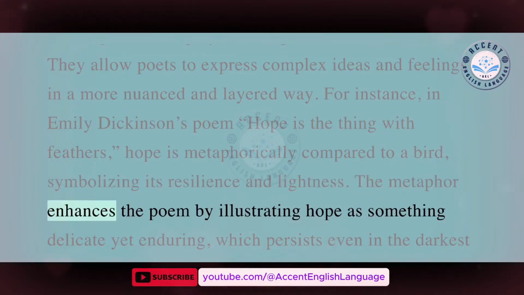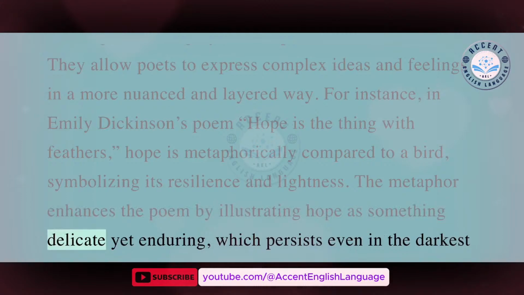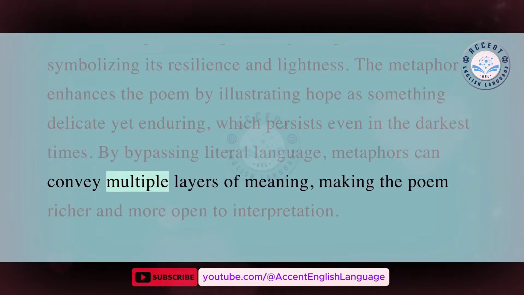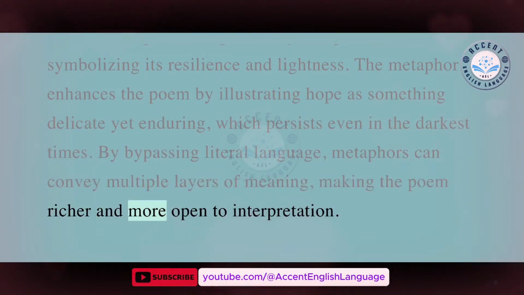The metaphor enhances the poem by illustrating hope as something delicate yet enduring, which persists even in the darkest times. By bypassing literal language, metaphors can convey multiple layers of meaning, making the poem richer and more open to interpretation.